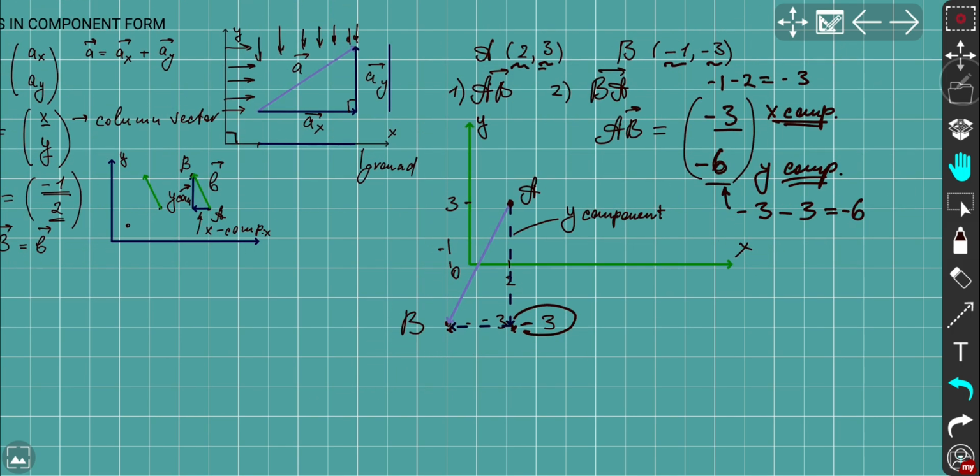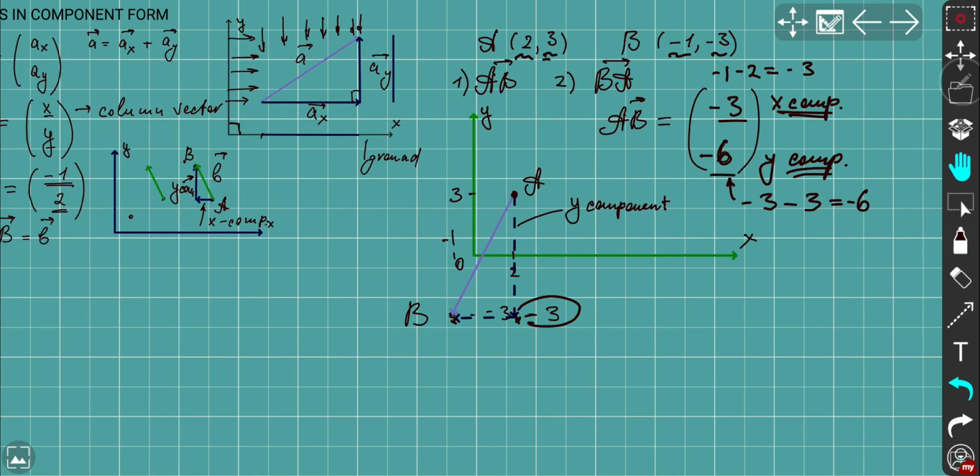If you have a look there, you can say in general that if you have coordinate point A with coordinates, let's say x1 and y1, this is the starting point.